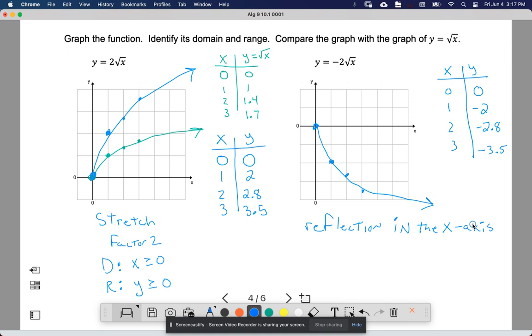And looking at it, it is still a stretch there, ladies and gentlemen, even though it is a minus. It's stretching out. Remember your shrinks. Your shrinks are between 0 and 1 as a fraction. So again, we still have a stretch here, and the factor is 2 again.